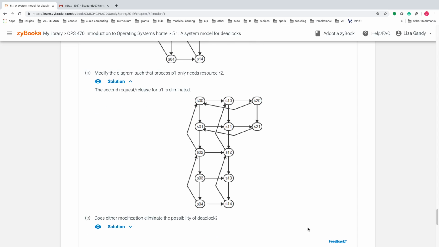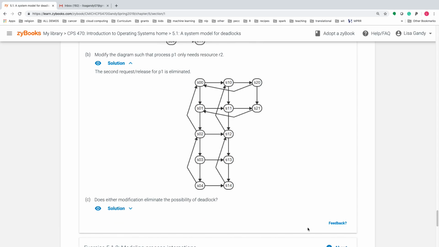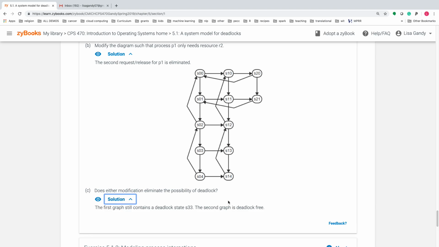And is there deadlock in this state graph? I don't think so. We can leave here. Is there anything else you can leave? No, so that helps. So the first graph contains a deadlock at S33. The second graph is deadlock free.